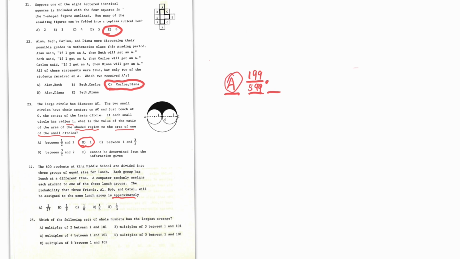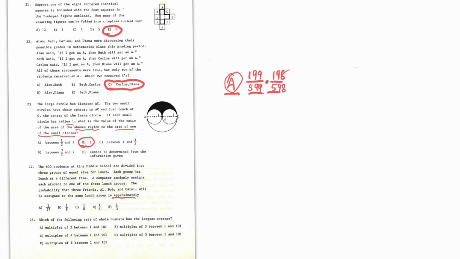Now Carol wants to be in the same group. This group still needs 198 students and the total is 598.